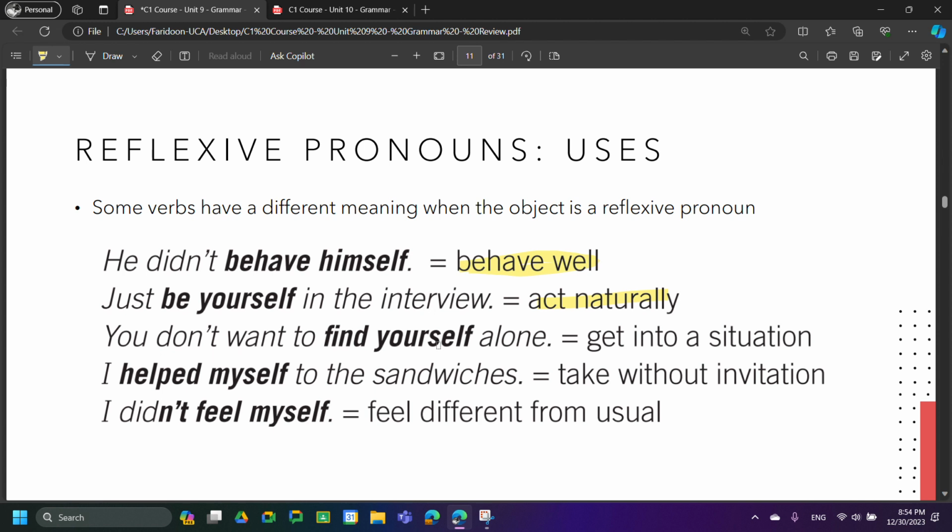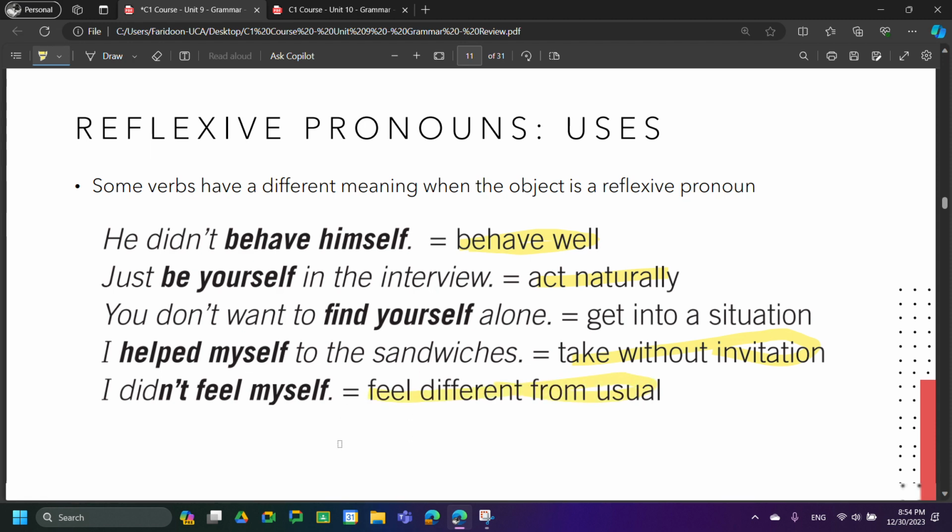To find yourself or find oneself in a place means to get into that situation. "I helped myself" means to take something without invitation, and "didn't feel myself" or "not feel oneself" means to feel different from usual. Okay.